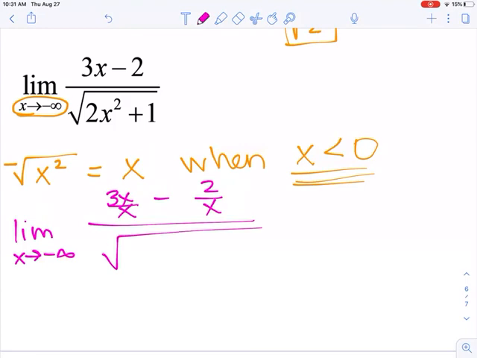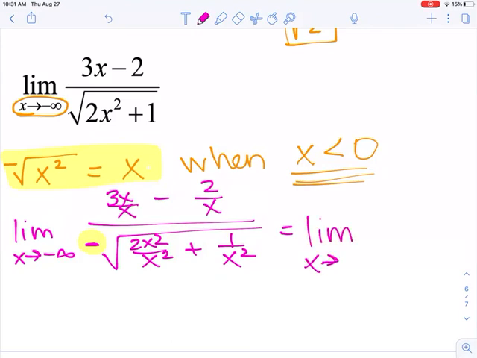So how is that going to affect our limit? Since we are dividing each term by x, in our radical we have to divide by x squared, but the square root of x squared isn't the same as x, so we have to counteract that with this negative.